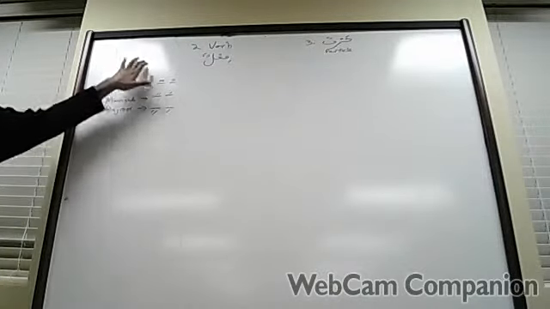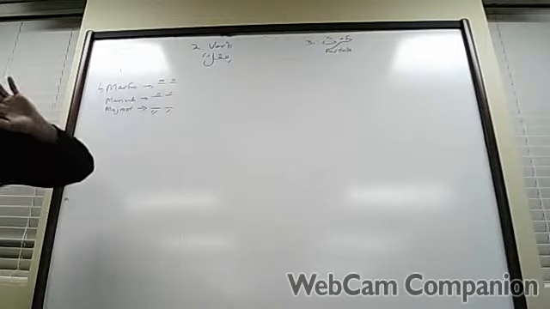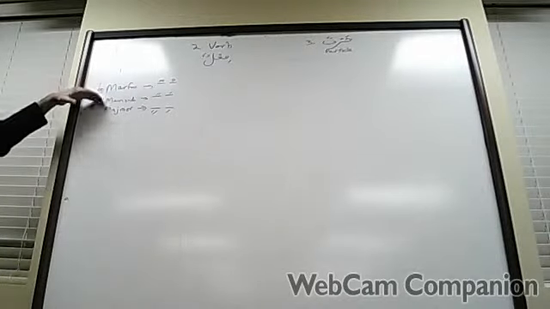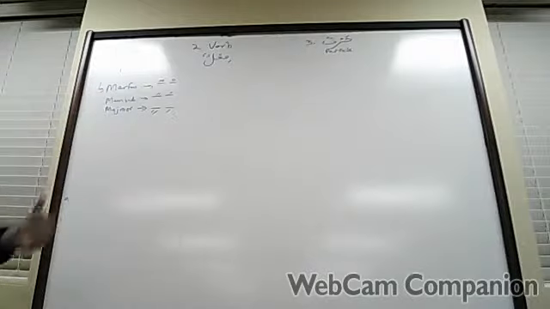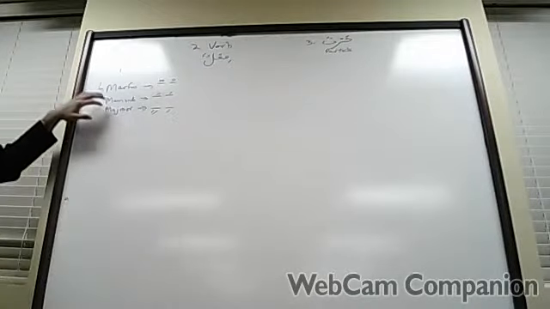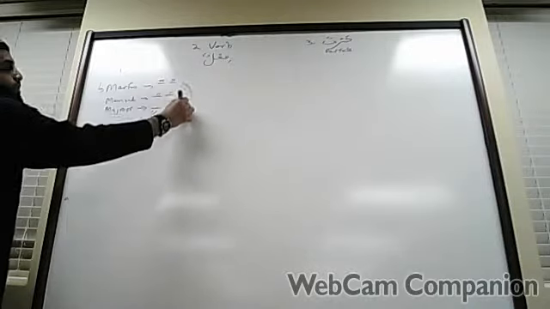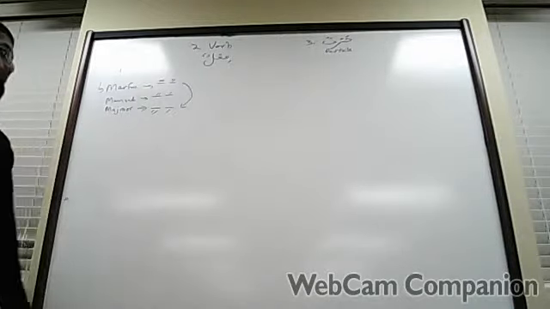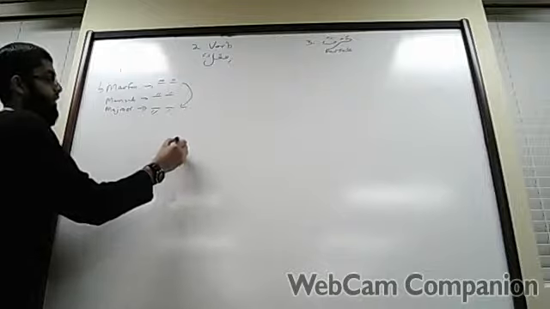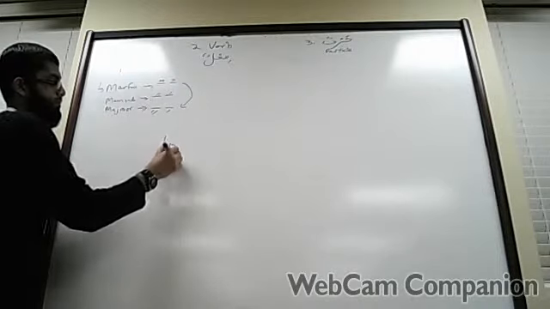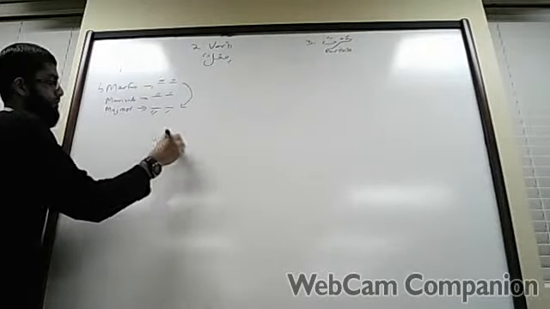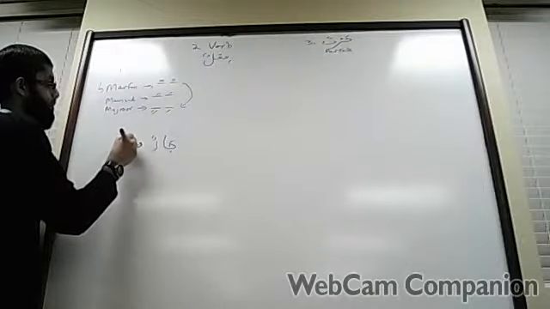Everything that starts out as an ism starts out as marfu'. It changes based on the role that it's doing in the sentence. So we said, how does something go from marfu' to majroor? A preposition, right? So we call that jarun wa majrurun.